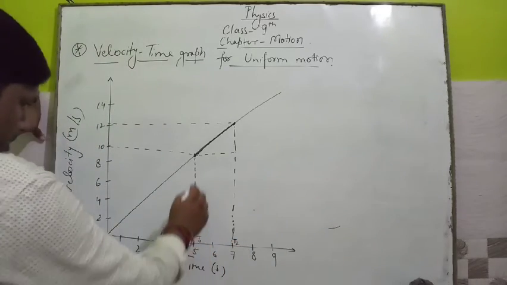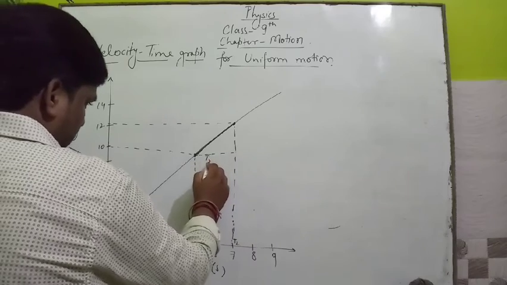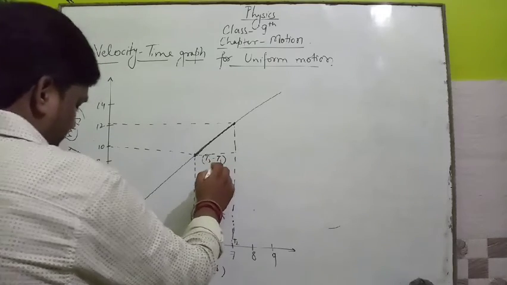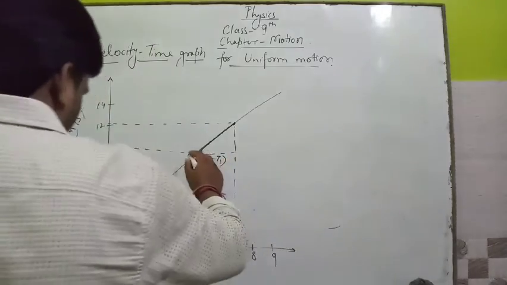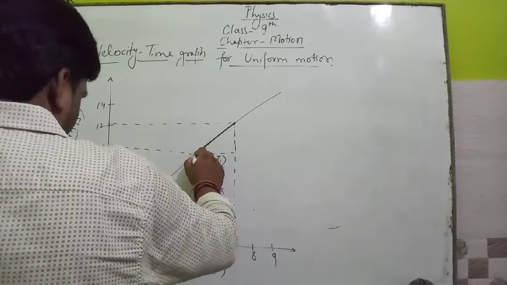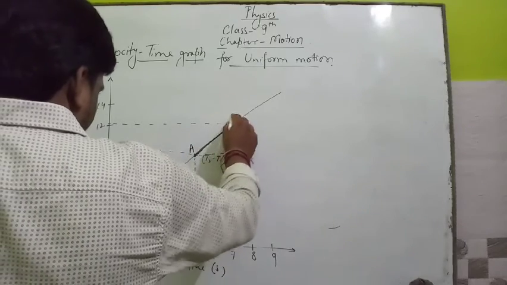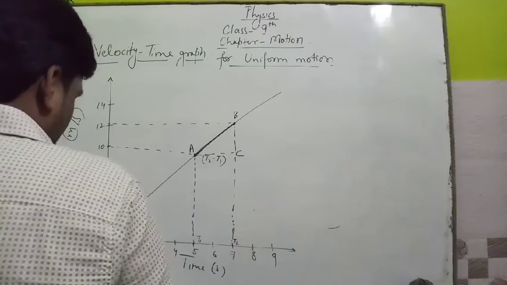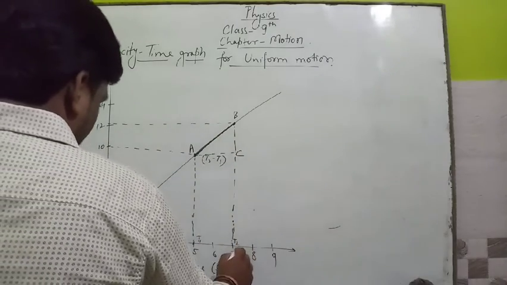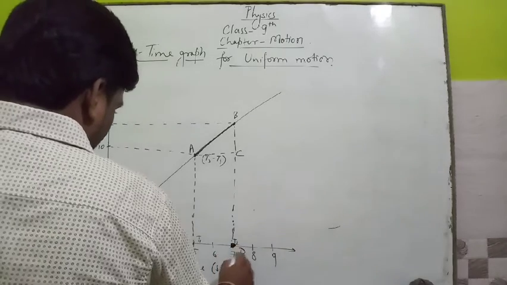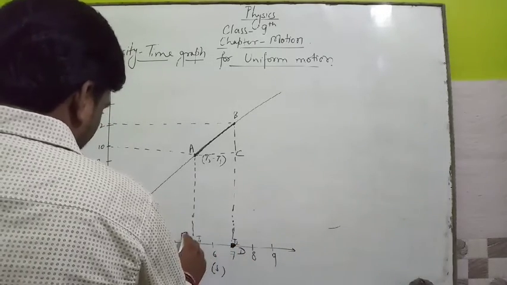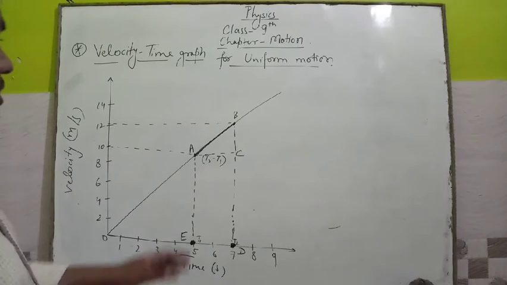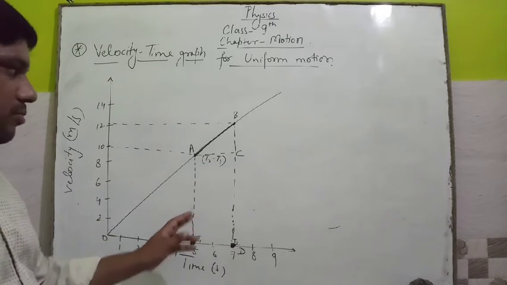This is T2 minus T1. This point is A, this point is B, this point is C, this is D, and this point is E. Now naming of all the points is done.